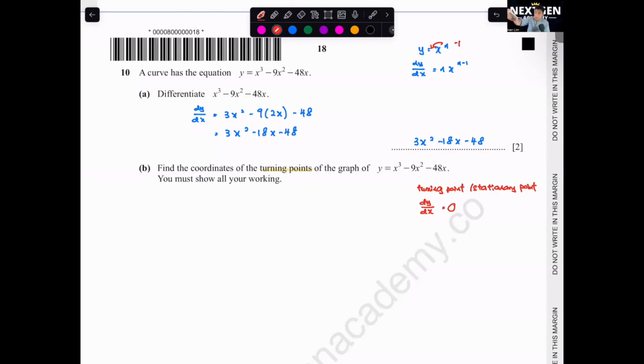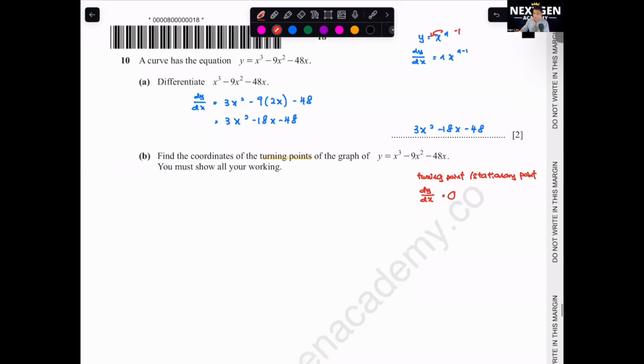Also, typically in a math exam paper, they will always give you a cubic graph when they ask you this question. So do you all know how the general shape of a cubic graph looks like? I want you all to remember there are two shapes, and remember this philosophy of life: either sad, happy, or happy, sad.